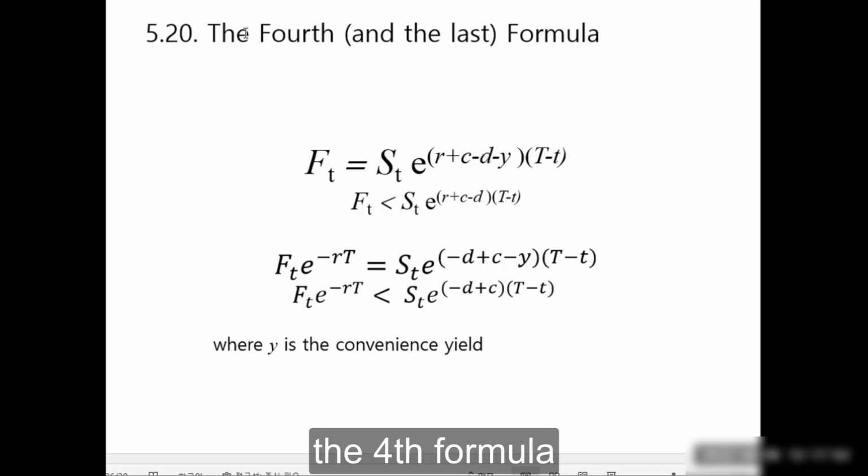Depending on your preference, you may like the second line more than the first line. If you want to have equality, you need to introduce some new variable. If you don't need equality, you may just stop here and say that's what we can say in case convenience yield is important.